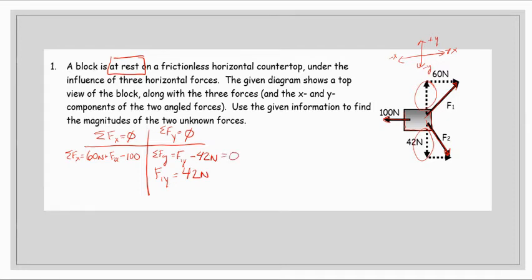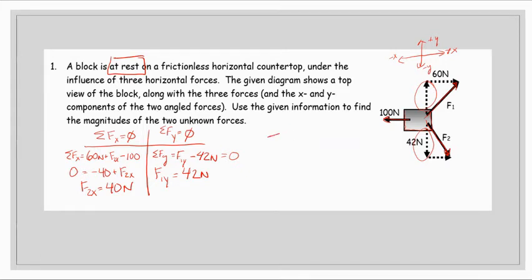And then in this case, we have 60 minus 100 is negative 40, so 0 equals negative 40 plus F2x. And that tells us that F2x is equal to 40 newtons. And it says you're finding the magnitudes of the 2 unknown forces. So to be able to do that, we have F1.